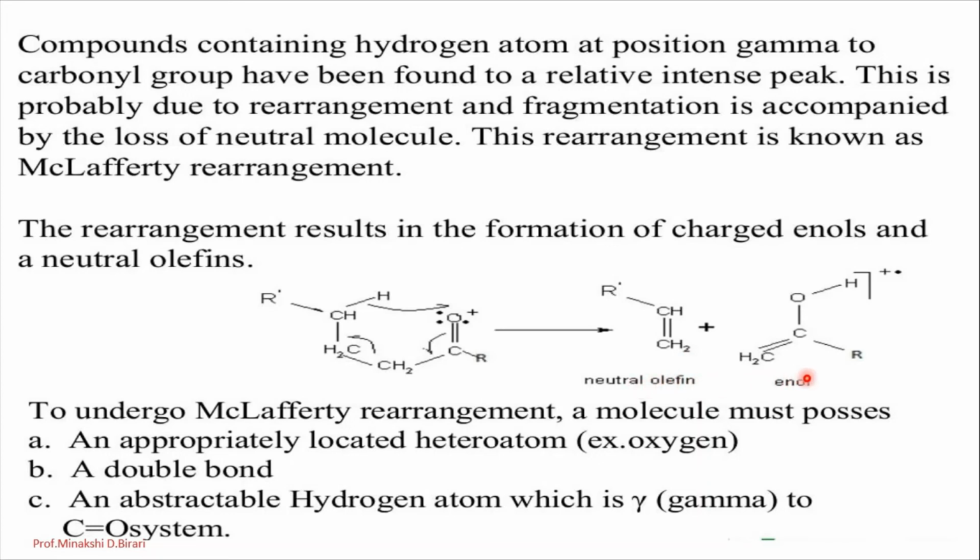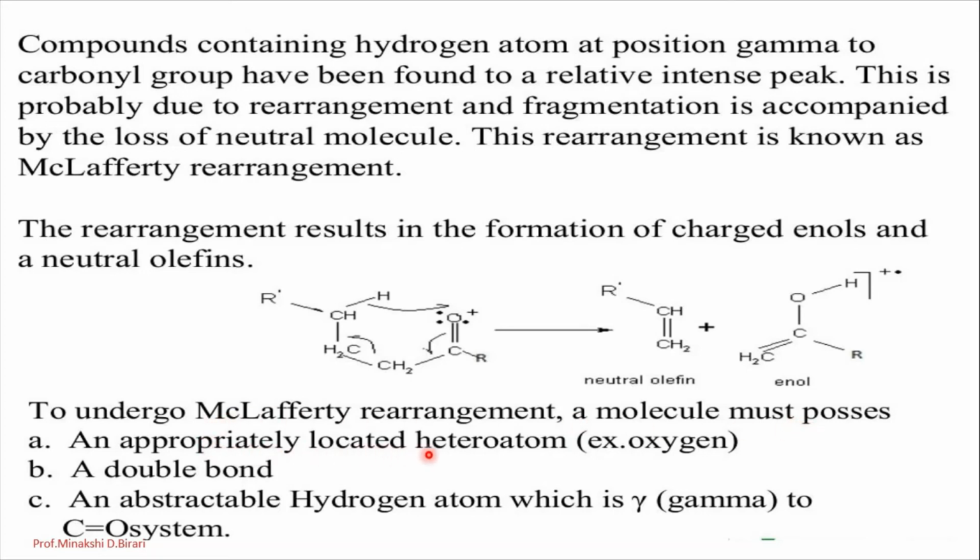So the fragmentation is accompanied by the loss of a neutral molecule. This rearrangement results in the formation of charged enols and neutral olefins. To undergo the McLafferty rearrangement, a molecule must possess an appropriately located heteroatom.